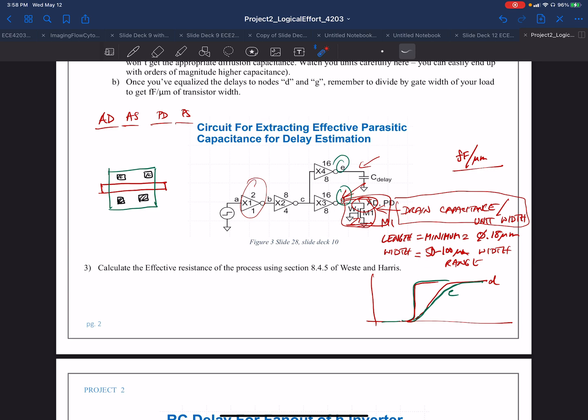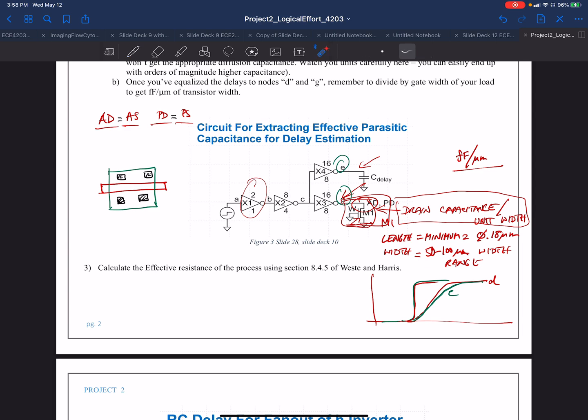First of all, it's okay to assume that the area of the drain is equal to the area of the source, and the perimeter of the drain is the same as the perimeter of the source. We don't have to make any assumptions about funky layouts, etc.